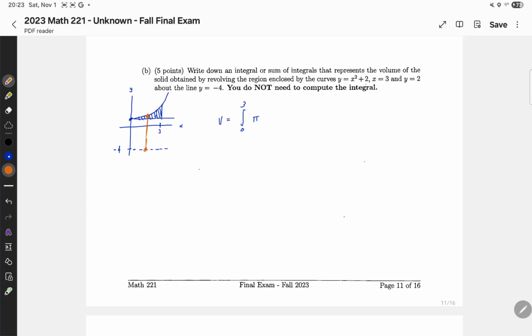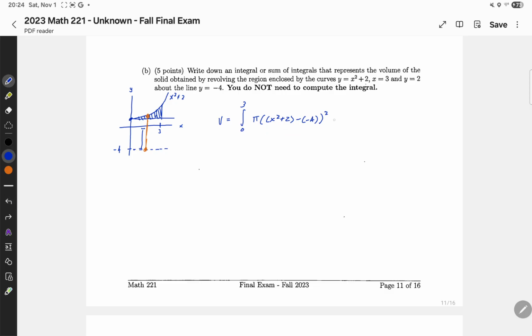We take the top edge, x squared plus 2, and then subtract this portion down here because it's negative, so minus -4. And of course we square it because that's the area of a circle, pi r squared, just like that.